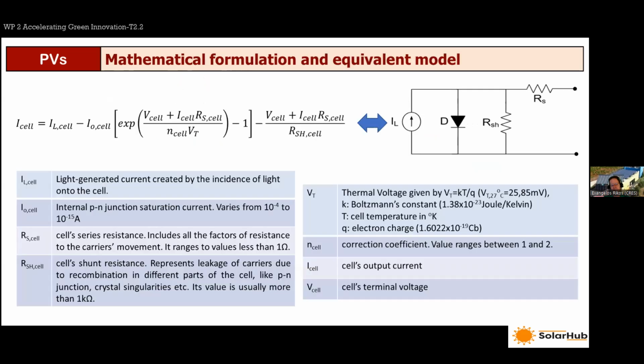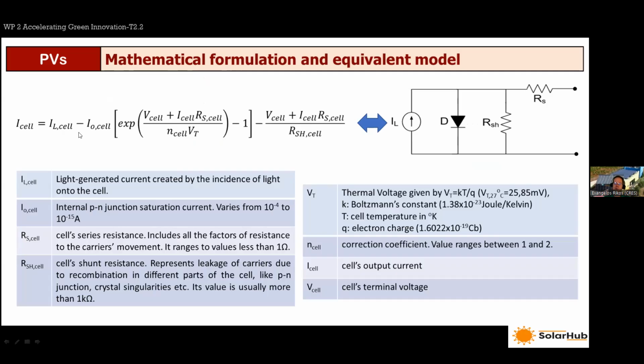And this behavior I briefly described earlier leads to a very specific mathematical formula that is shown here, that gives the cell current, the current that I showed you earlier, through the load, as a function of some very specific parameters. We have, for example, here the light generated current. It's a very important parameter.